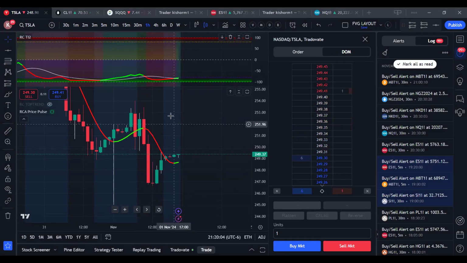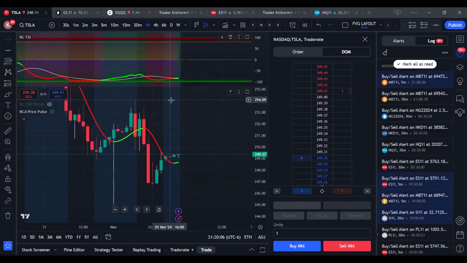Tesla is looking bullish. We may see 254.